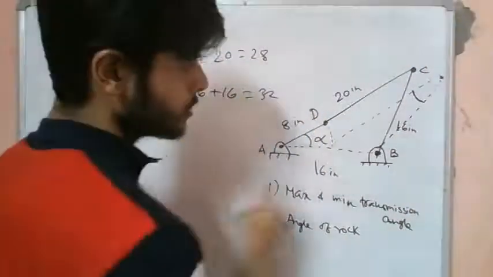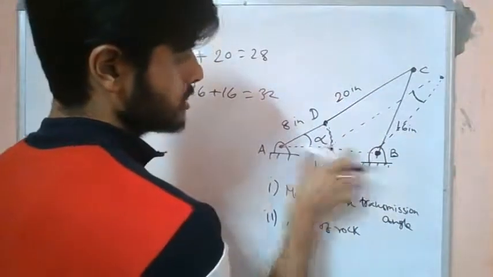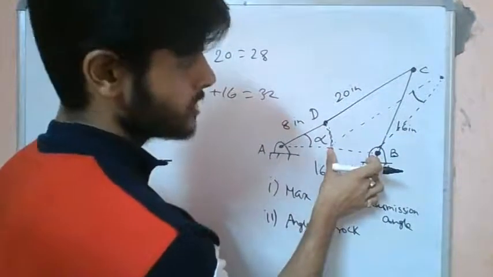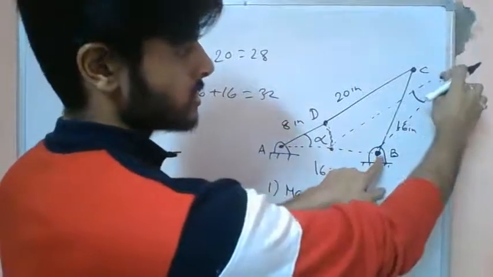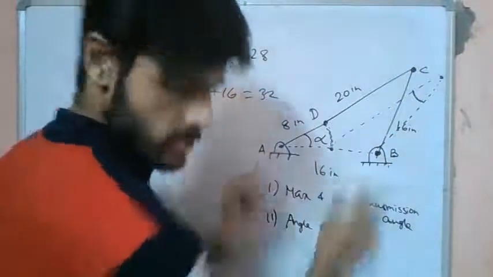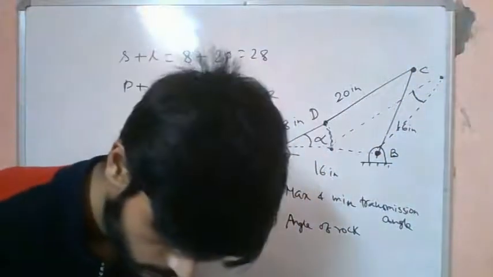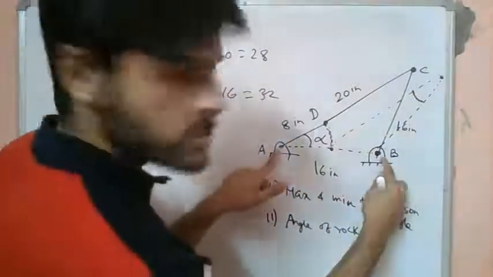How do we find out this? When this comes over here, we know this length, this length, this length, and this length. Please try to understand that this total length is given as 16.